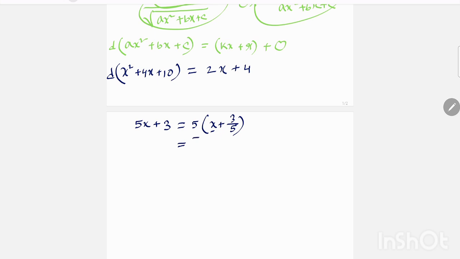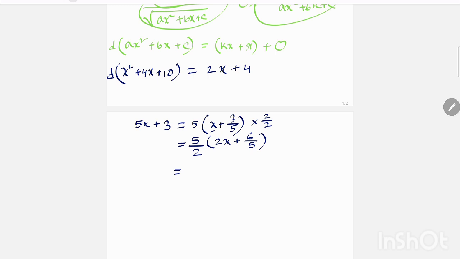Multiplying by 2 means 2x plus 6 by 5. So in that case I need 2 here also, because I cannot multiply by 2 without dividing. Basically here we have taken 2 by 2, so the expression doesn't change. Okay, so here we already get 2x, but I need 4.